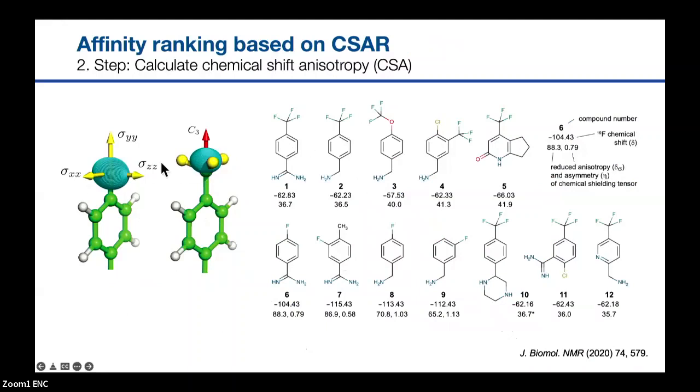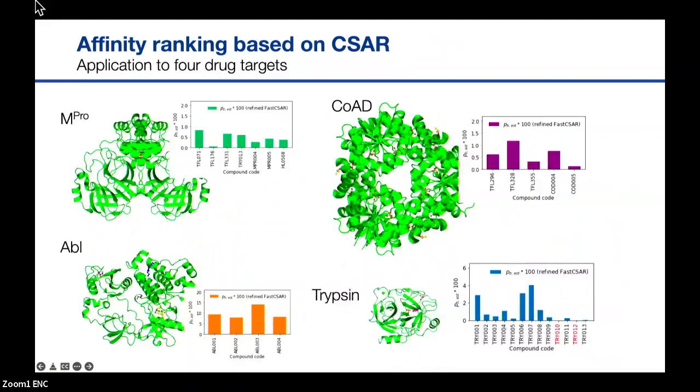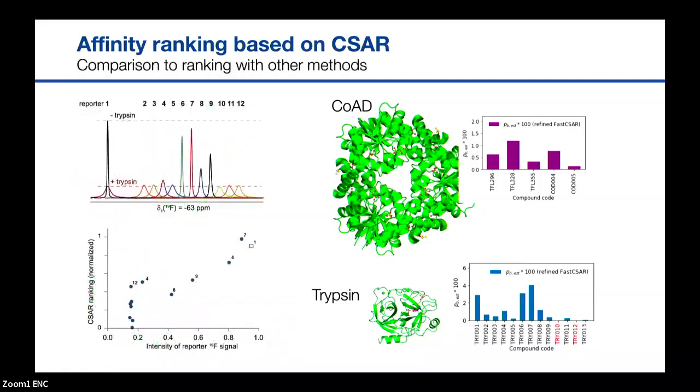We calculate all the CSAs for the fluorinated fragments. And then we did our ranking for the different proteins here. And we also checked against established methods like reporter assays to figure out whether we have the correct ranking, and we get this very nicely.